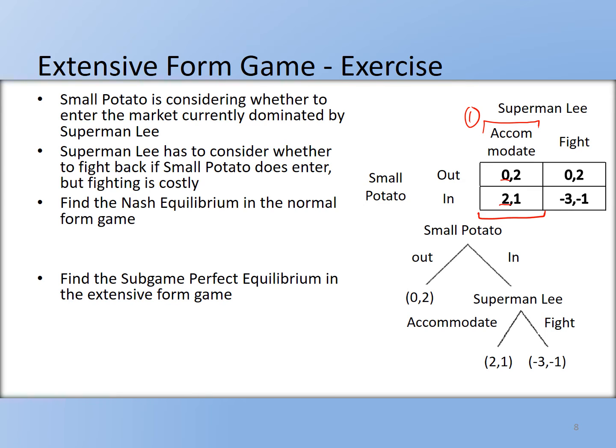If he comes in, he's going to be able to capture market share from Superman Lee. So he's going to get 2 instead of 0, so he wants to come in. In the case that Superman Lee fights, Small Potato coming in would lose money. He would rather stay out, right? So what Small Potato will do depends on what Superman Lee does.